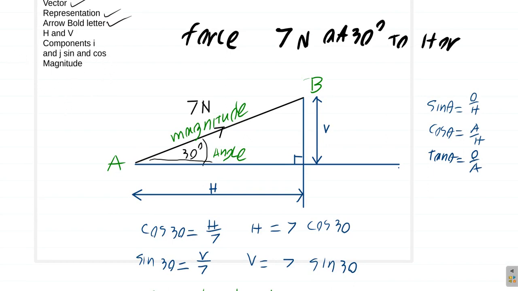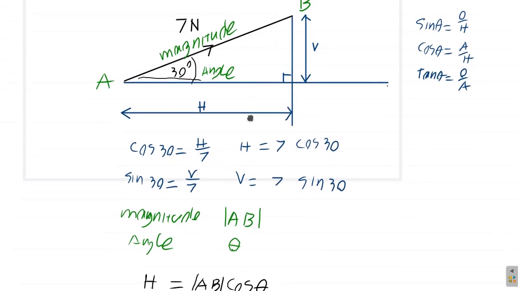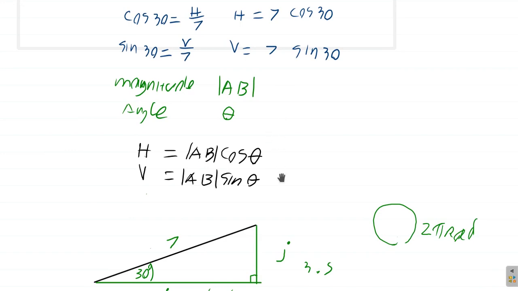This up here looks funny; it should have been I and J, sine and cos, with the magnitude. So in this case, we have a vector and we have the horizontal and the vertical components of the vector.